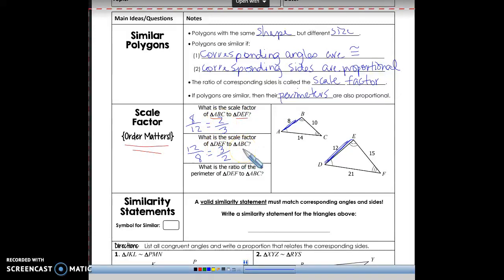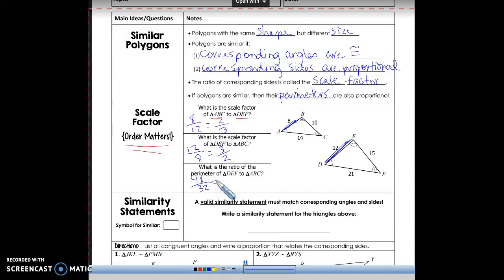And then what's the ratio of the perimeter? Again, perimeter is when you add up all the sides. So the perimeter of DEF, I would take 12 plus 15, which is 27, and add 21 to that, which is 48. Over the perimeter of ABC, that is 24 plus 8, which is 32.